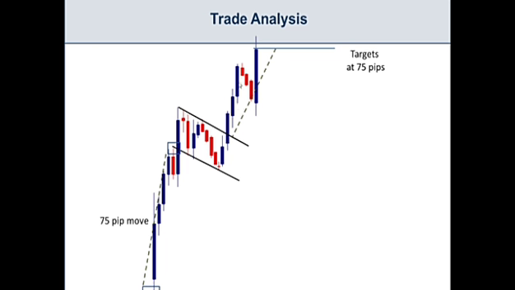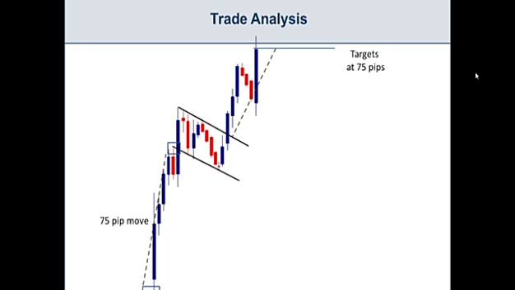And as you can see here, even though we failed to go up to 75 pips on the first part of the move, after a correction to the downside, we hit our targets. And this is how you trade flags.